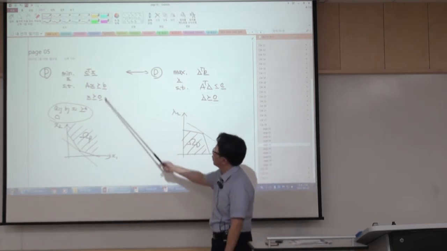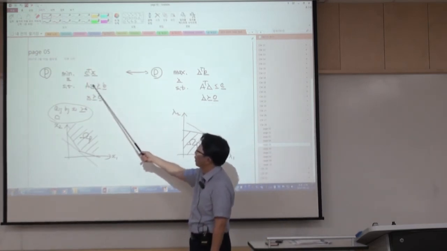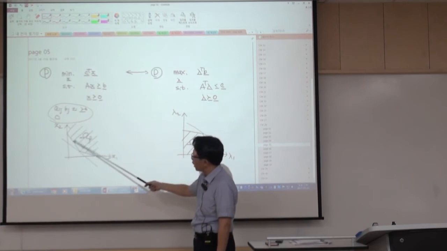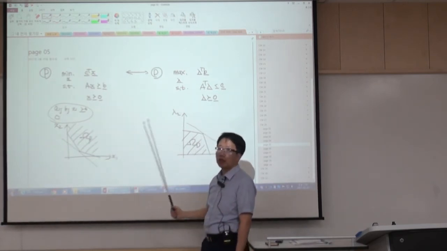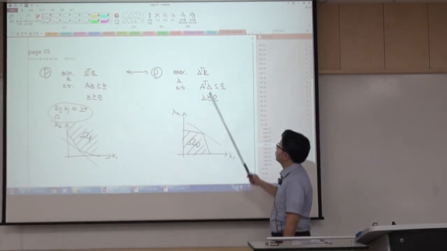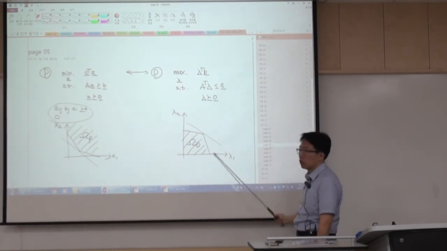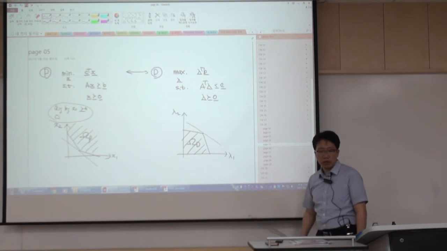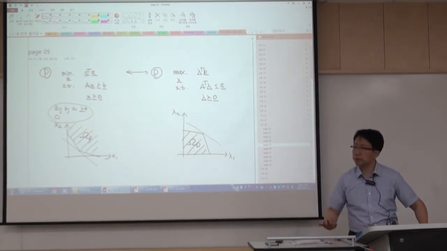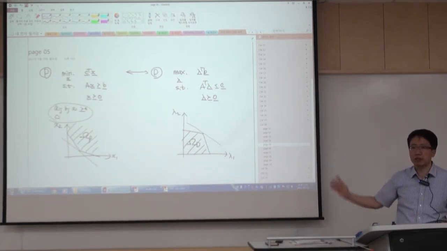See that if you plug in 0, this does not hold. That's why you have this area as your constraint set. Here, if you plug in 0, this inequality holds. That's why you have this area as the constraint set of the dual problem. Got it? So derive this. It's not that difficult.